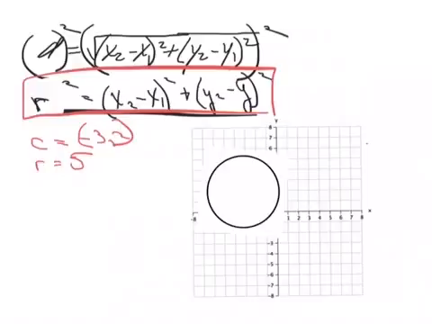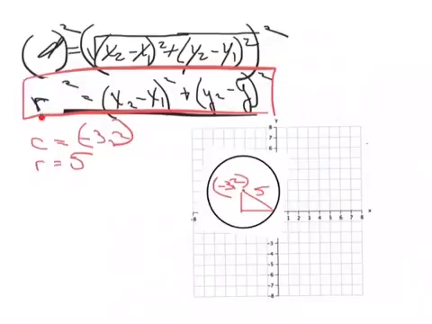That point is over -3 and up 2 to get there. So if I were to draw a triangle, I would draw it to the origin, over, and up. And that would be 5, and this point would be -3, 2. And what I'm looking for is the equation of the circle using this formula.